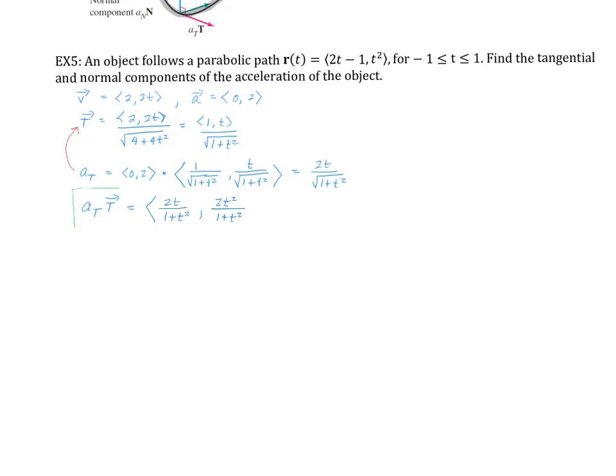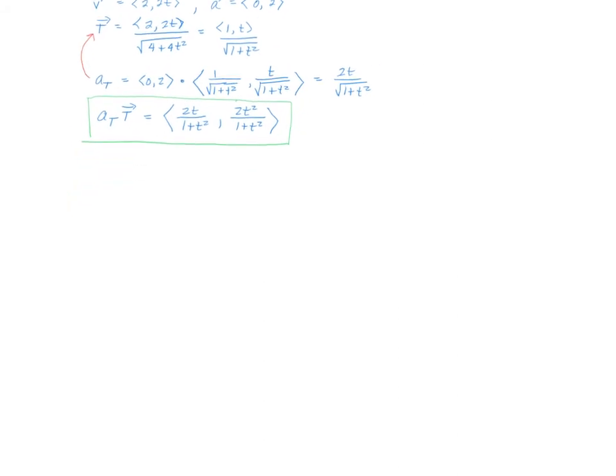So this would be the tangential, oops, I forgot to close my vector, sorry. This is my tangential component. Now I'm going to figure out the normal component. Well, I have my acceleration vector. All I need is my normal vector.